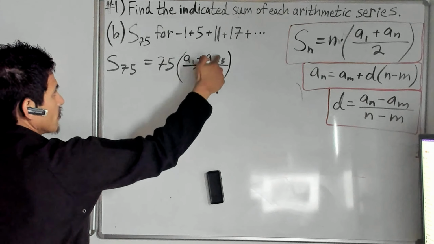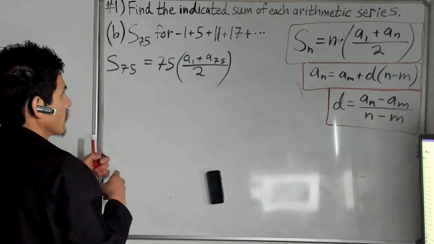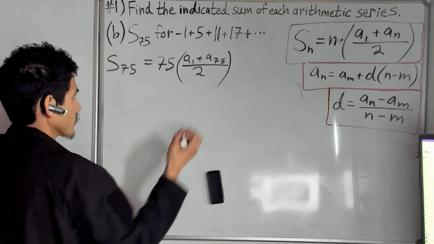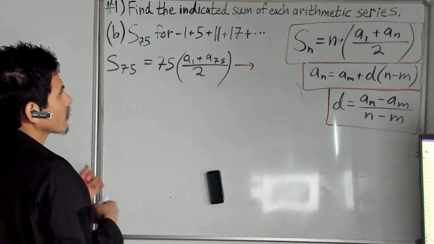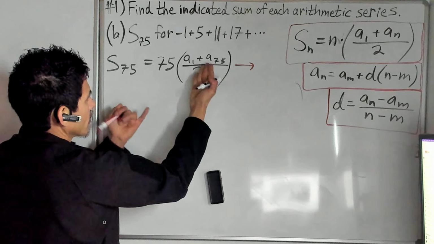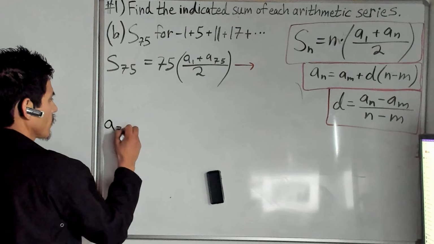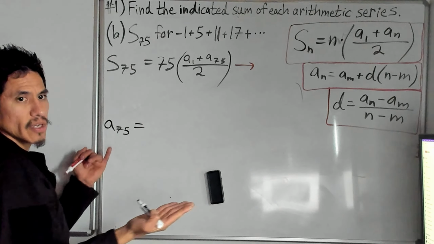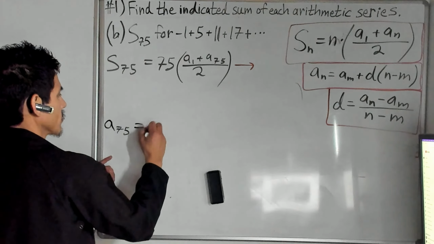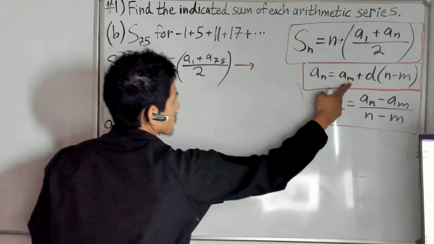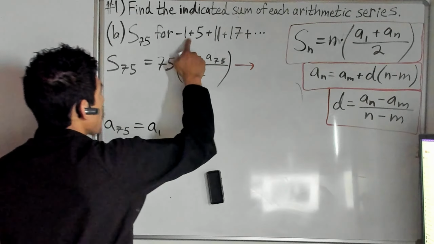So we have a1, but we need a75. So we'll leave that like that for now. So again, we just need to find a75. Using this guy, let's go with a1, of course. a75 equals a1 plus d times 75 minus 1.